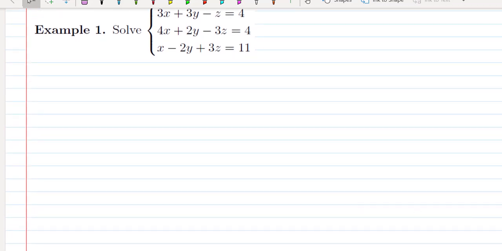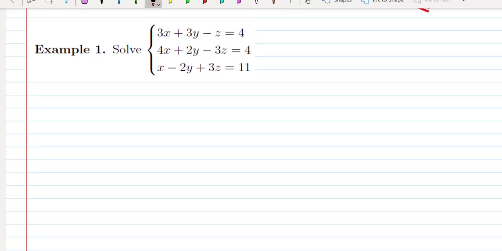All right. So now, just to be very explicit, I'm going to label all of these. So this is equation 1, this is equation 2, and this is equation 3. So I will write my system down here.